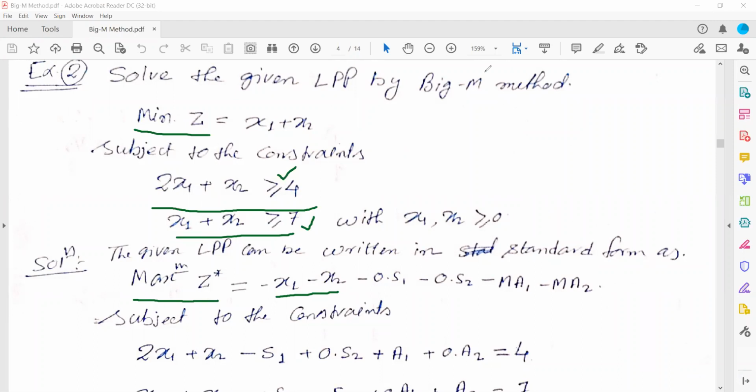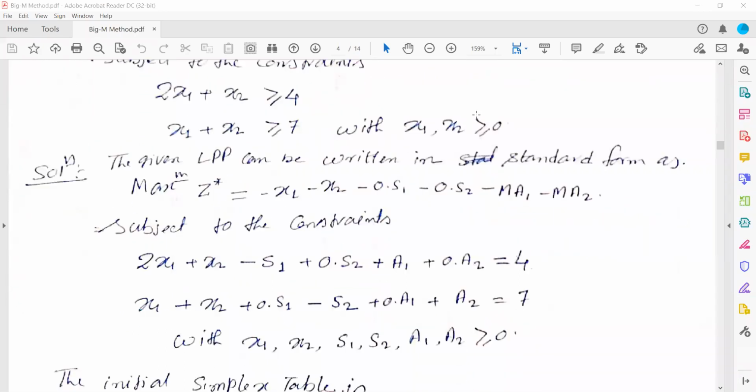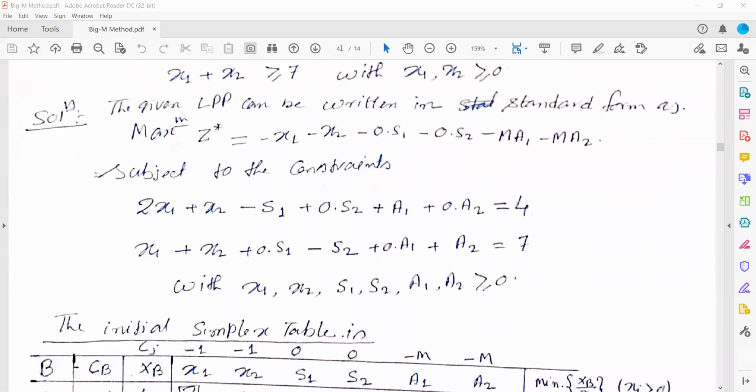So I have written, and obviously the surplus variable is subtracted and the artificial variable is added. So first, minus s1 plus a1. Then in the second, I have subtracted one surplus variable and added one artificial variable.